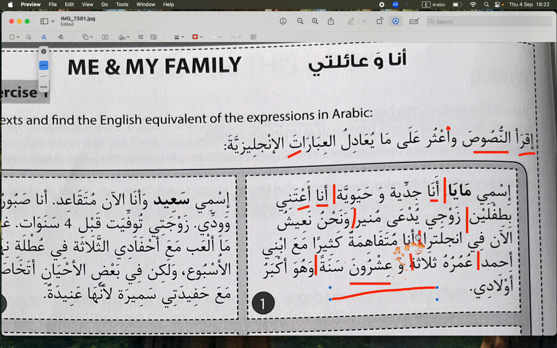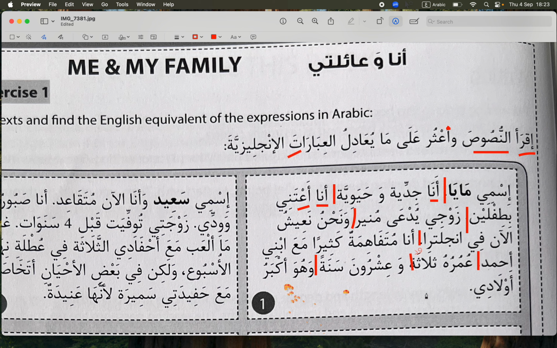So in other words, 23 years. So his age, عمره 23 سنة. Okay, and that's that done.